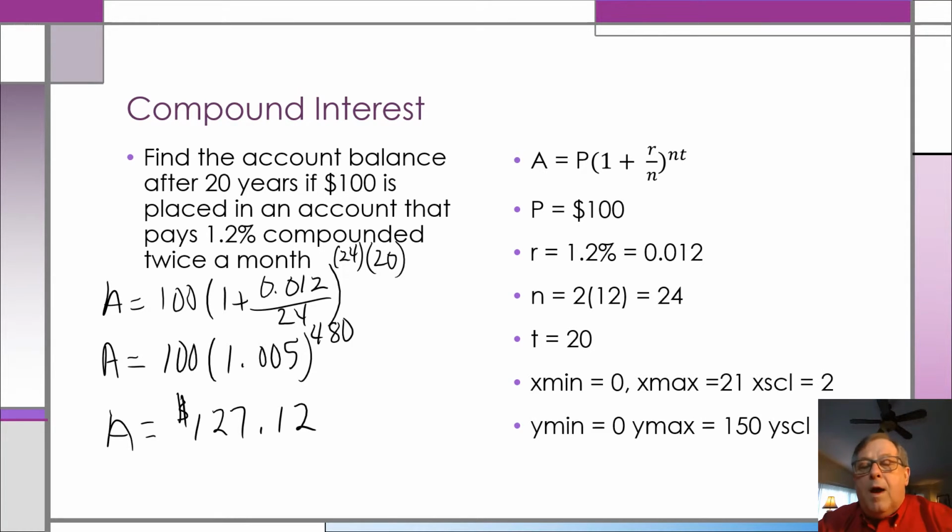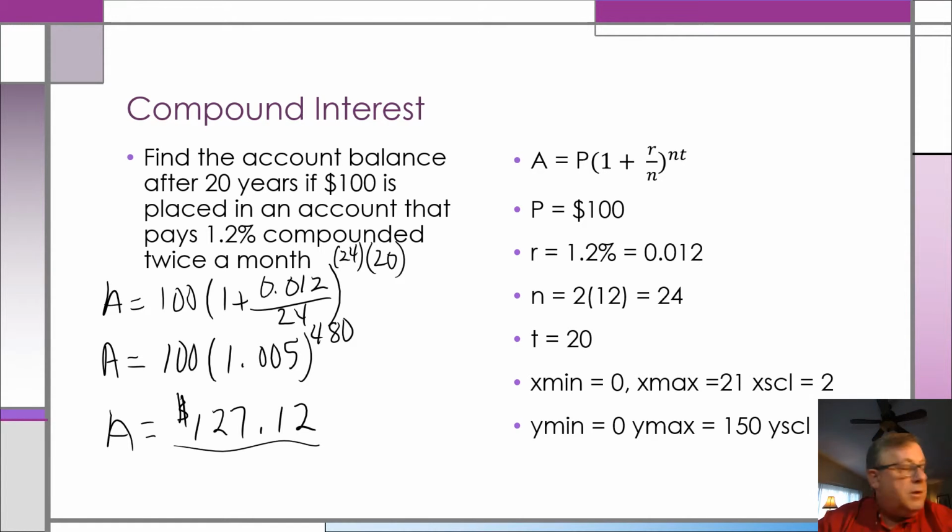So I'm going to set my Y minimum to 0, and I'm going to set my Y scale to 150, because I'm trying to get just a little bit beyond the 127. I probably could have set it at 130, given I've done an algebraic equation. You can't see the Y scale because it's behind my face there, but I'm going to set it for 15.